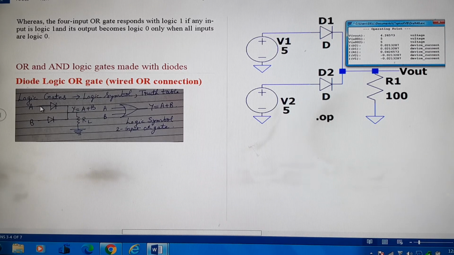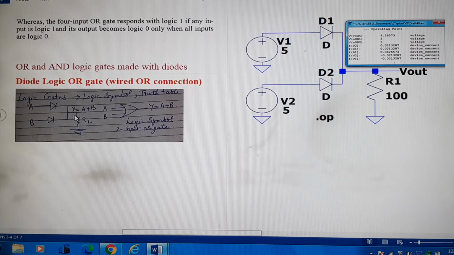So we can say that when either of the inputs or both the inputs are high, the output is high, because these two diodes are forward biased. They will conduct, and the current will pass through the RL, and the two terminals of the resistance are at different potentials.